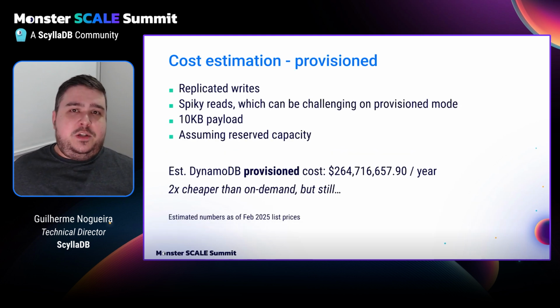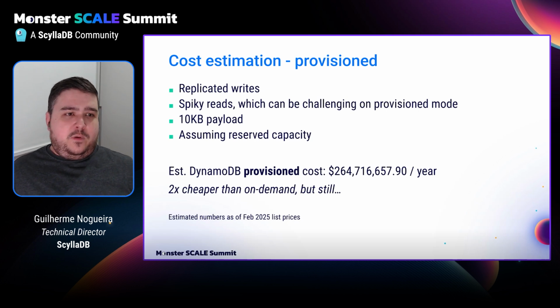And then looking at provisioned numbers, because running that workload would be fairly unattainable on demand mode, even accounting for replicated writes, for spiky reads, even that can be challenging on provisioned mode. If you assume auto scaling on provisioned mode, it will be adapting to those, but still, whenever the peak happens, if there's a lot of activity at a single point in time, then there's some time that AWS needs to adjust DynamoDB, and then that may end up hurting user oriented workloads.